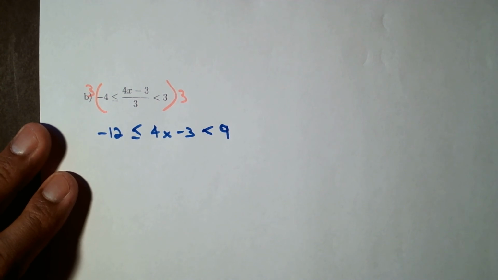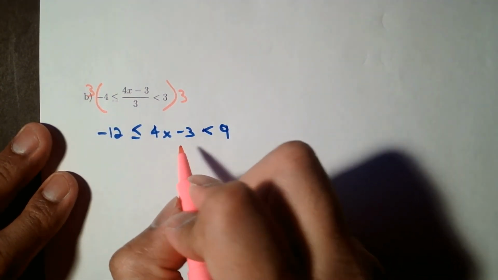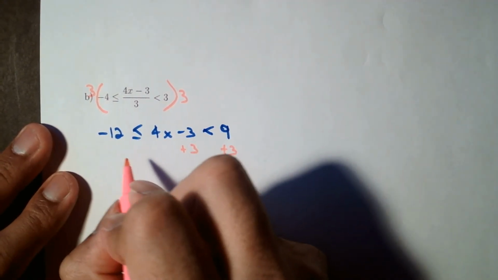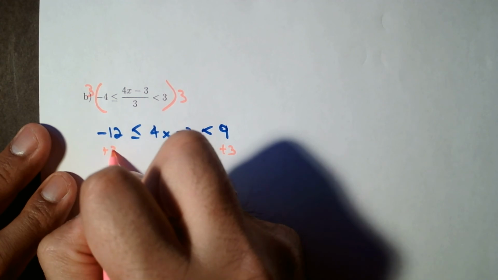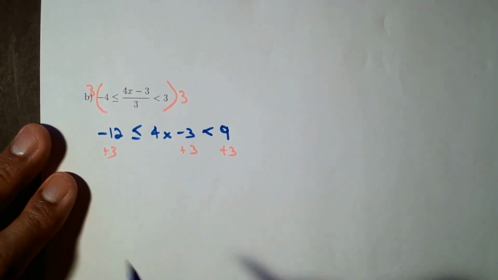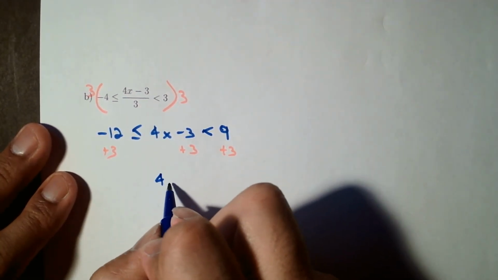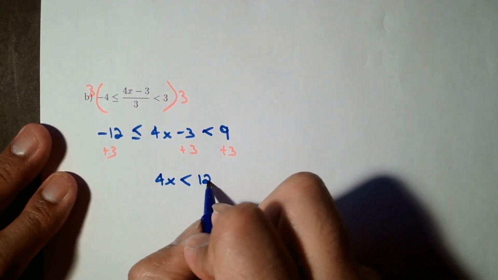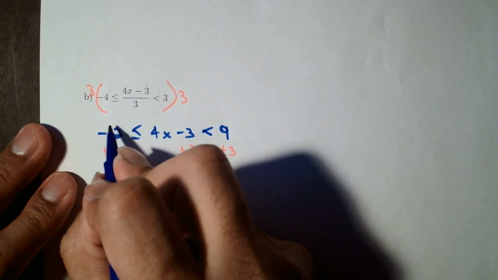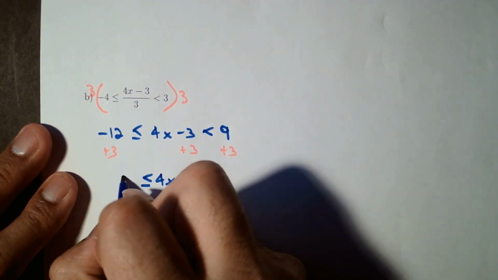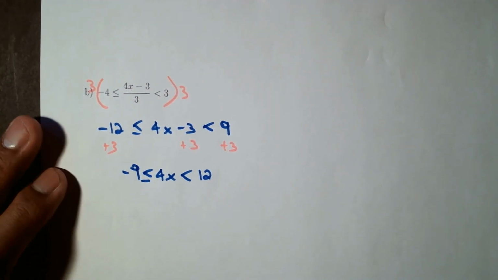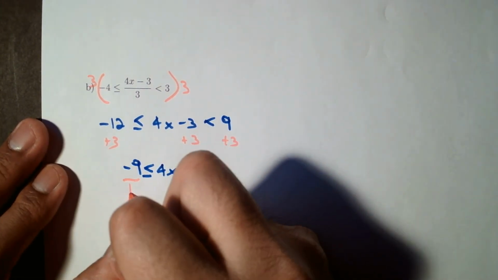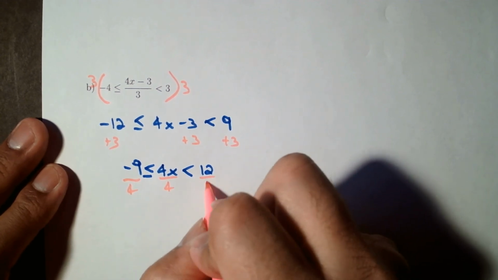And let's keep solving just the same way we did in the previous example. Add 3 to the 3 sides, not to both sides, but actually the 3 sides in this case. That's going to give us 4x in the very middle, and that's less than 9 plus 3, that's 12, but greater than or equal to -9. Finally, we divide just the 3 sides by 4.